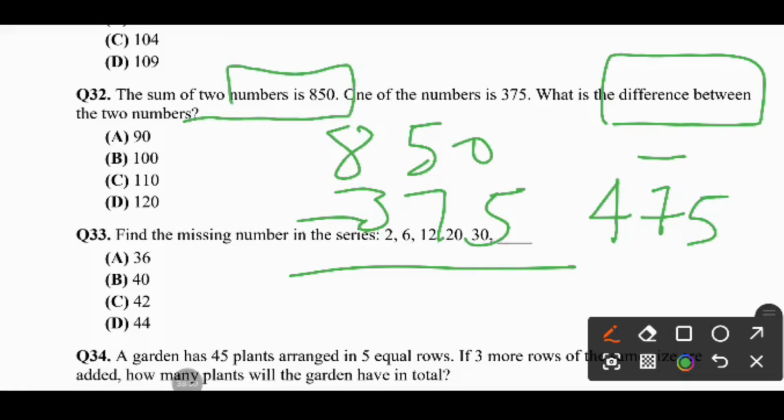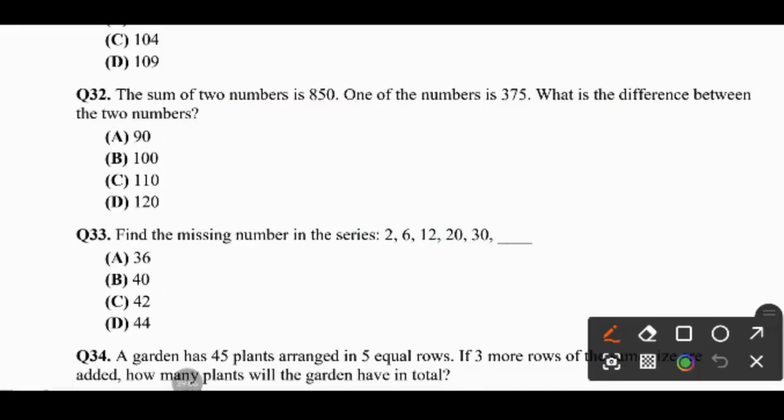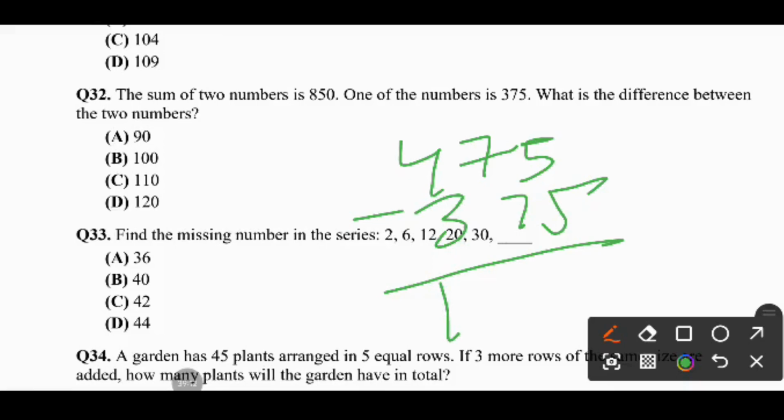The sum of two numbers is given as 850 and one number is 375. We have subtracted, we have got the number as 475, but we have to tell the difference of these numbers. So 475 minus 375, and we will get 100 as the difference.